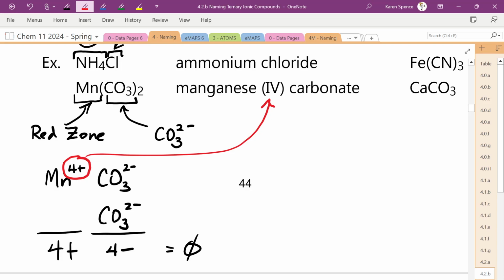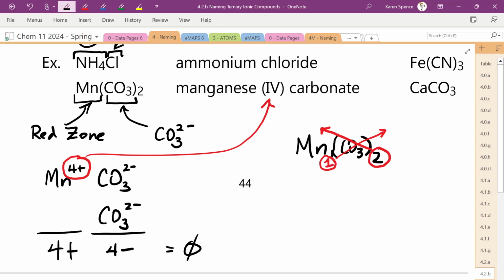What if you wanted to uncrisscross? Mn, CO3, 2. Let's bring that 2 up here. What are we going to bring up beside the CO3? There's a 1 here, yes? So we have Mn, and the 2 comes up, 2 plus. And we have CO3, 1 minus.